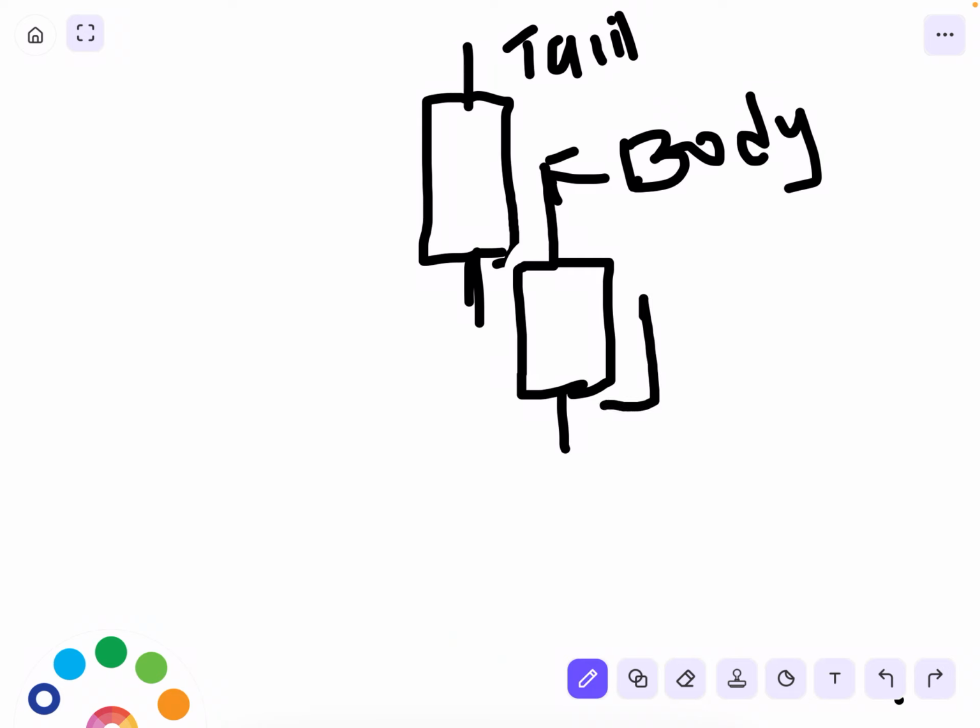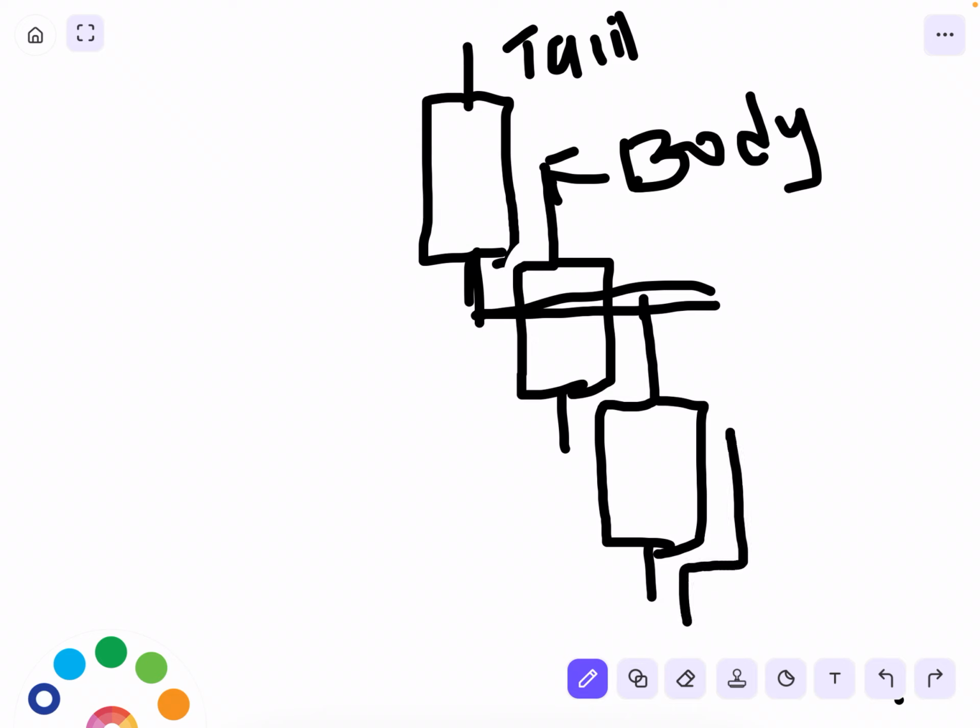Another one will form like this. It's filling up. You can see there is no gap. Another one wants to form, it will form like this. No gap. But it's the opposite for a candle that has a fair value gap.